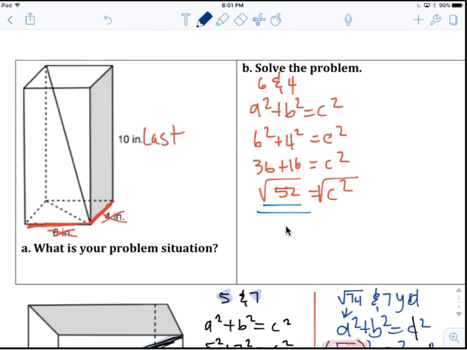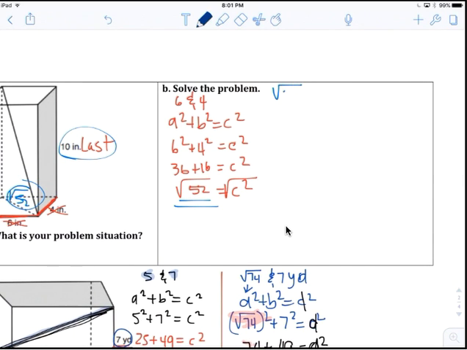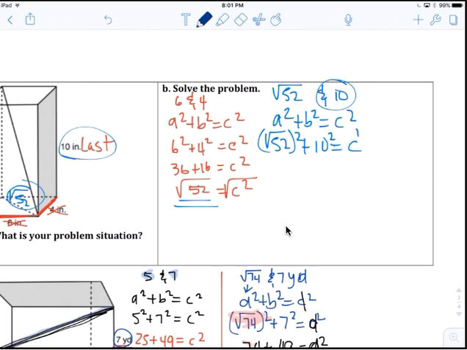We're going to use this as the square root of 52, and this last number here. So we use the square root of 52 and that 10 and do a squared plus b squared equals c squared.